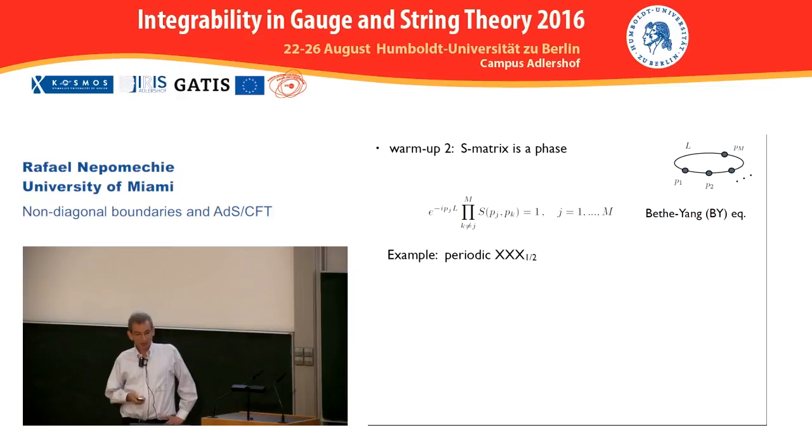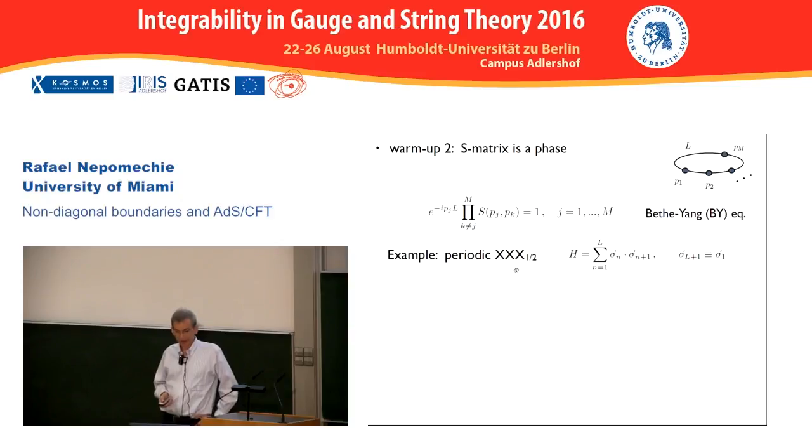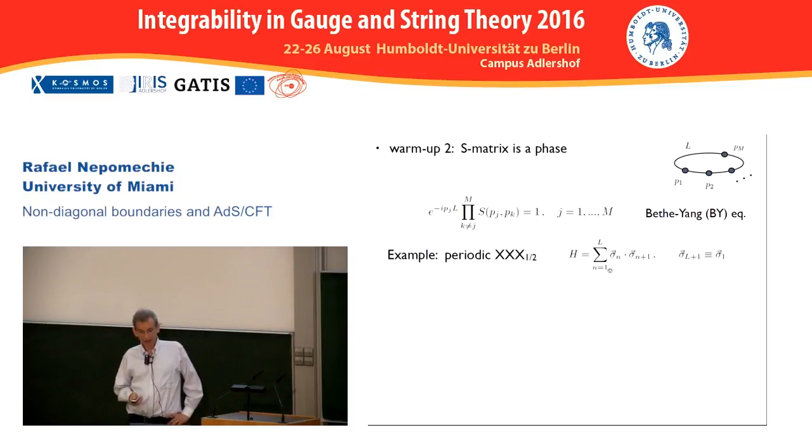As an example, suppose we consider the periodic spin-1/2 Heisenberg chain, the XXX chain. The Hamiltonian is here. We have L sites, sigma_n are the Pauli matrices at site n, and we're assuming periodic boundary conditions.